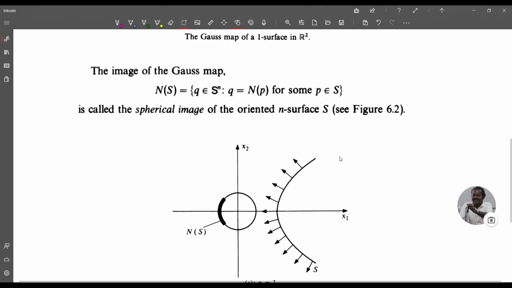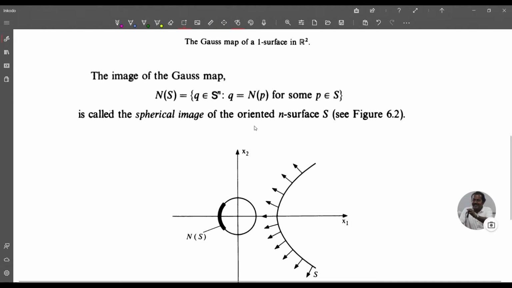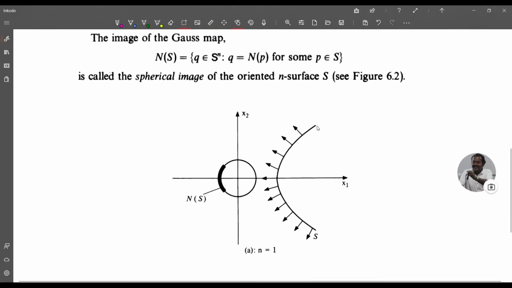So the Gauss map can be illustrated from this figure. Consider the n-surface S. Then you can see that this is the unit normal vector field, and these vectors are mapped to this unit circle. So corresponding to each vector here, there are points on the unit circle. This is the spherical image of this surface.